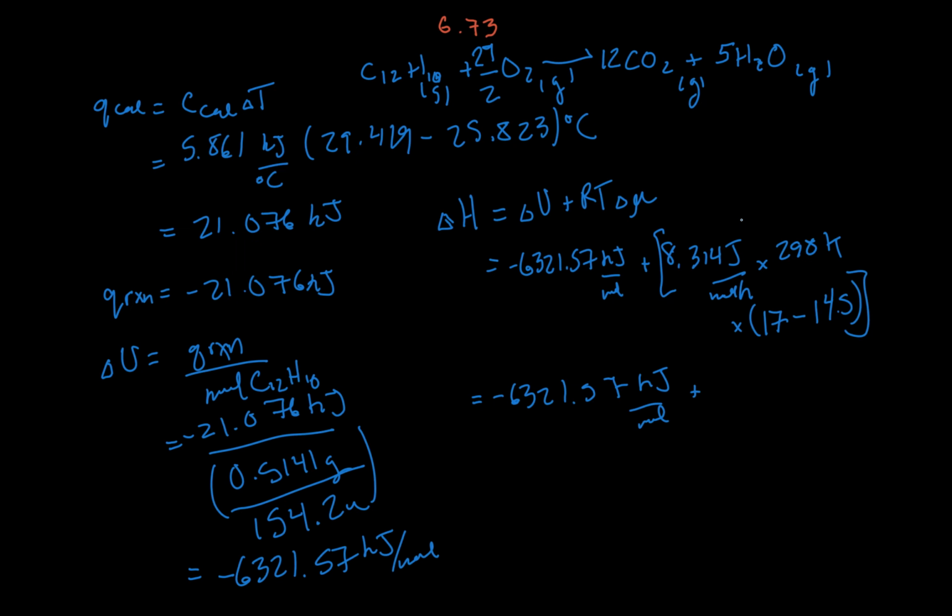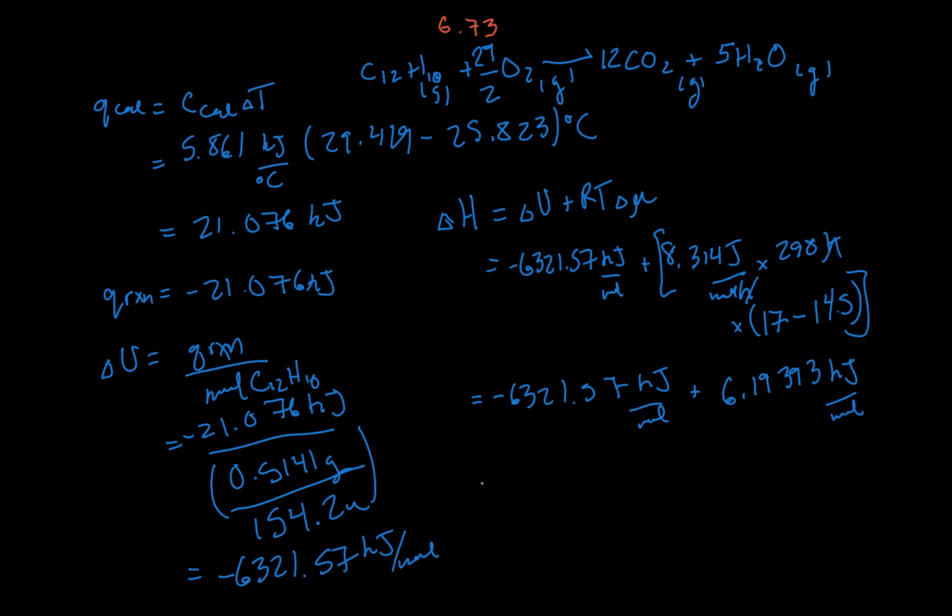Times 298, times 2.5. And so we get 6.19393 kilojoules per mole here. Kelvin cancels. This I converted by dividing it by 1,000. This is unitless, so we get kilojoules per mole here.